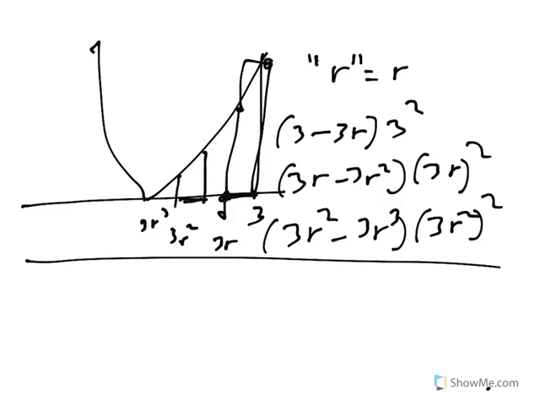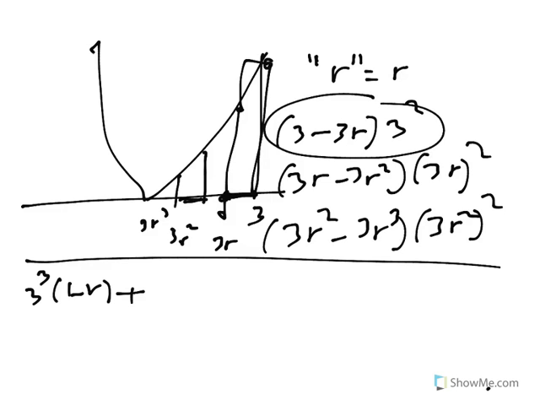Well, when you put these things all together, first of all, you can factor out a 3 from here and give that 3 to the 3 squared, so I get 3 to the third times 1 minus r. The second one, I could factor out a 3r and give it to this (3r) squared, so I get (3r) cubed times 1 minus r.